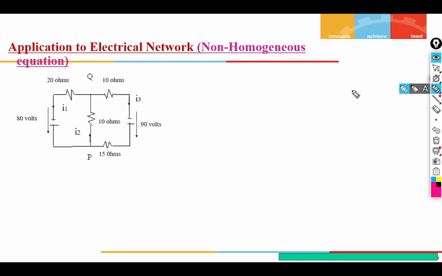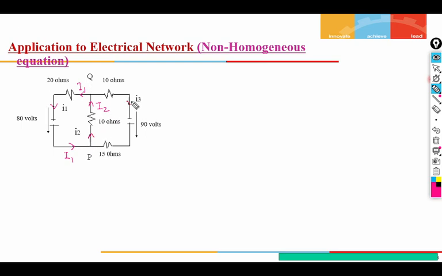The direction of the current I1 is given this way, in the left branch. I2 is in the middle vertical branch. I3 is in the right branch, with the direction shown.